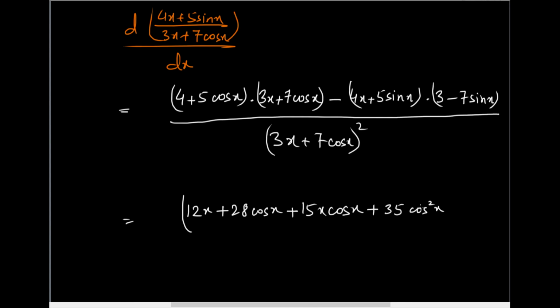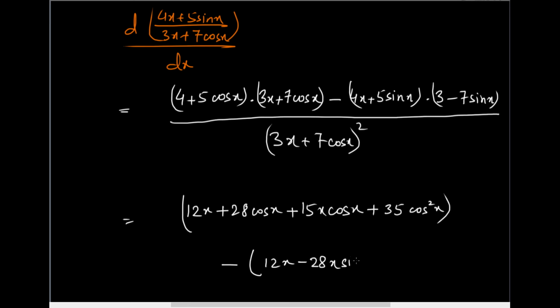As we say, x times x is x square, similarly. And then we can put a minus symbol after that, and then we can similarly multiply this. So 4x times 3 will be 12x, and 4x times negative 7 sin x: 4 times 7 is 28, and positive times negative is negative, so that is negative 28 x sin x.